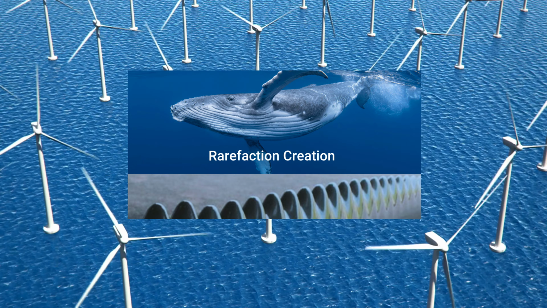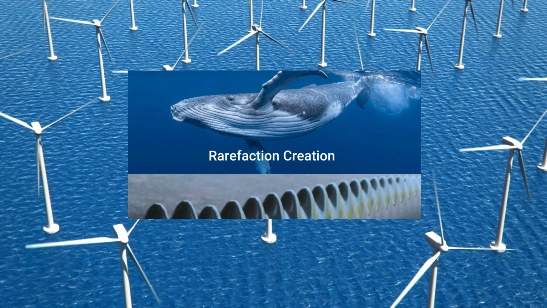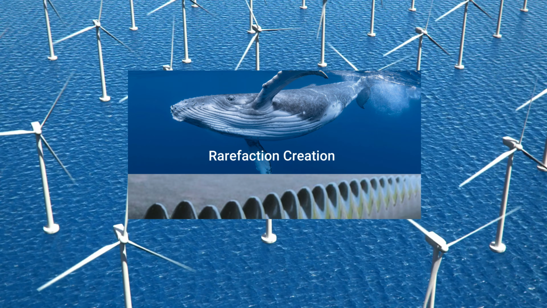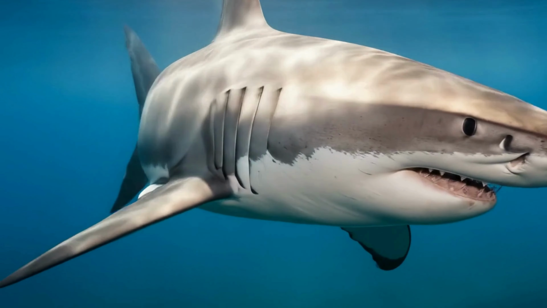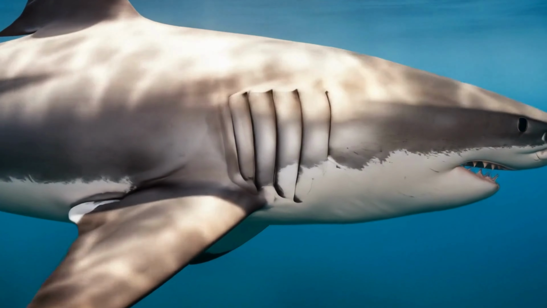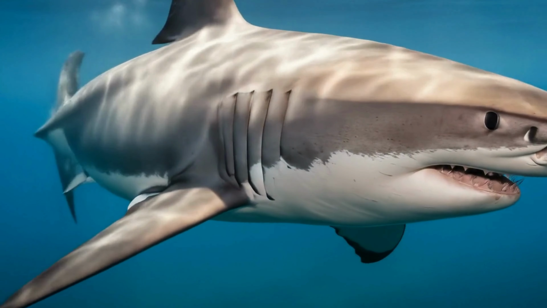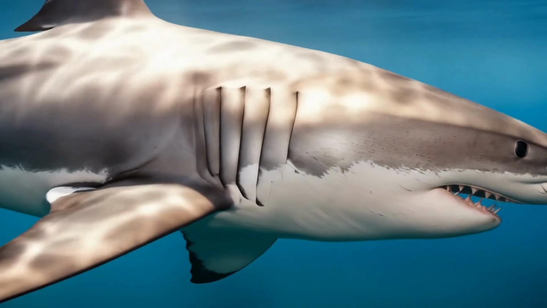Wind turbines became 25% more efficient after copying the jagged fin edges of humpback whales. Swimsuits inspired by shark skin helped swimmers win 98% of medals at the 2008 Olympics, until such technological doping suits were banned.